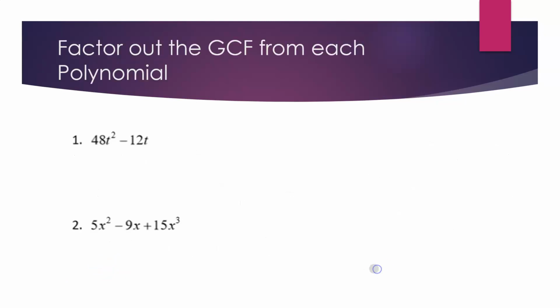The next part, you are supposed to factor out the greatest common factor from each polynomial. For number 1, it's a binomial. You are undistributing. So let's find the greatest common factor. You can do this until you can see it without doing this.